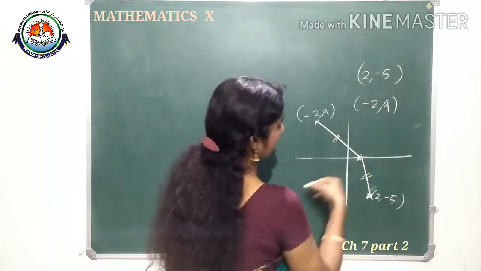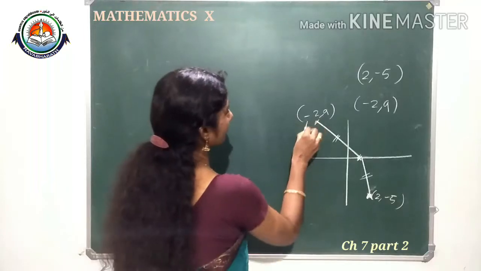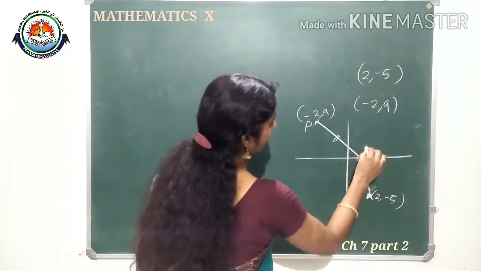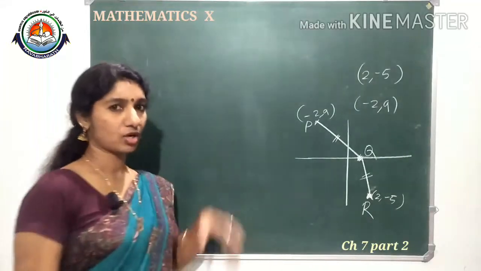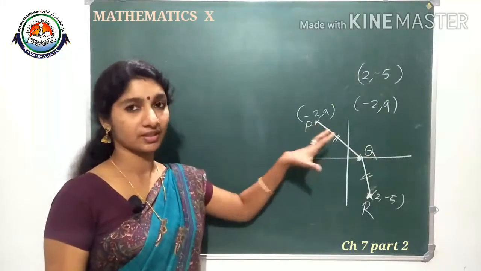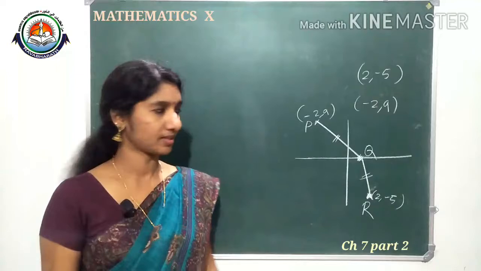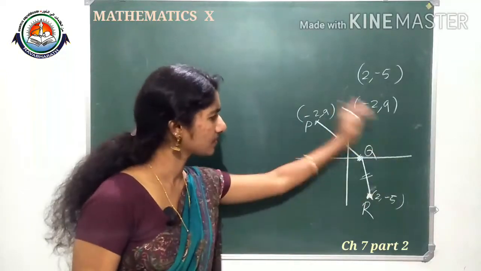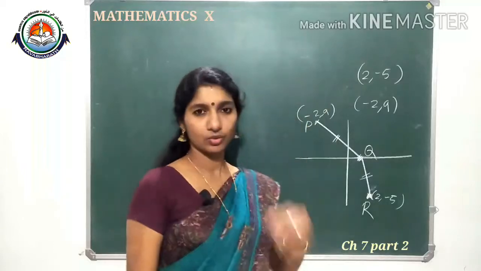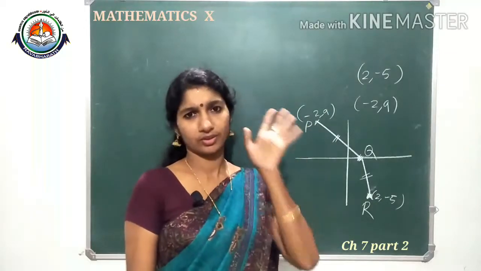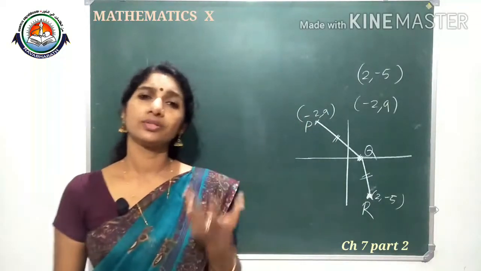These lengths are equal. We can take this as P, the point on the x-axis as Q, and this point as R. So geometrically the figure will come like this. Without this much information, you can think in your mind without drawing the figure. How will you think?